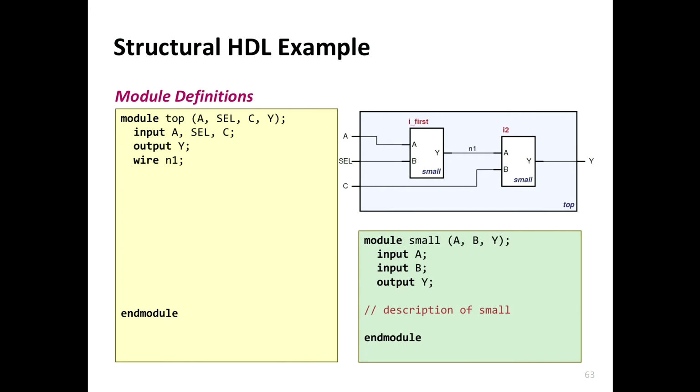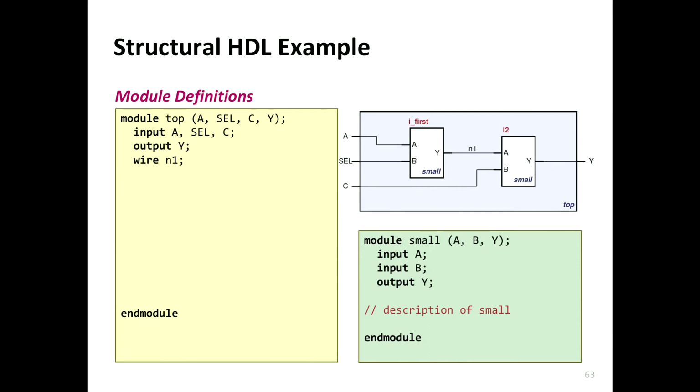And for the top module, you have the inputs A, select, C, and output Y. And this is pretty much what you have here: input A, select, C, output Y. And you have a wire, and this wire is needed to connect the blocks inside. I'll come to it later. Now when you consider the other module, the small module, you have another module here, which is module small, and for this small module, what are the inputs and the outputs?